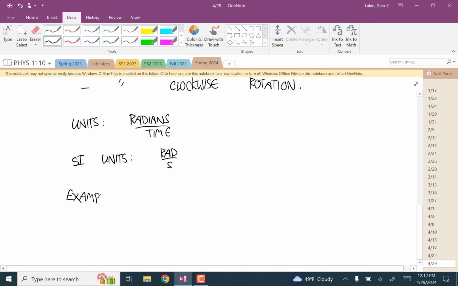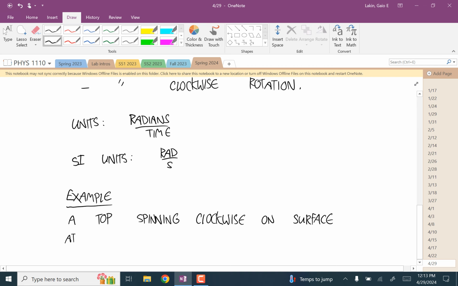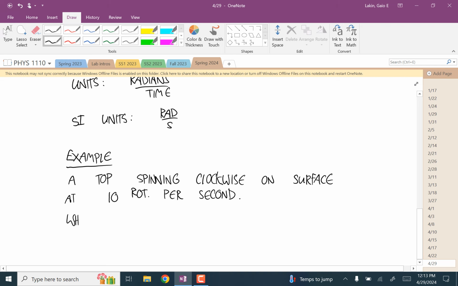So let's say a top is spinning clockwise on a surface at an angular speed of 10 rotations per second. What's the angular velocity?